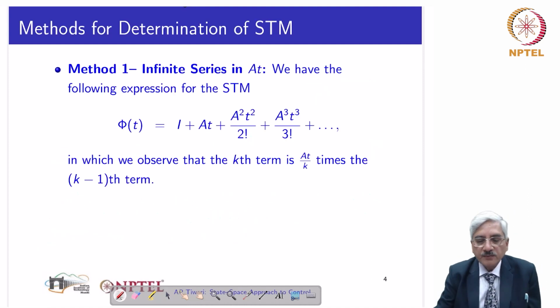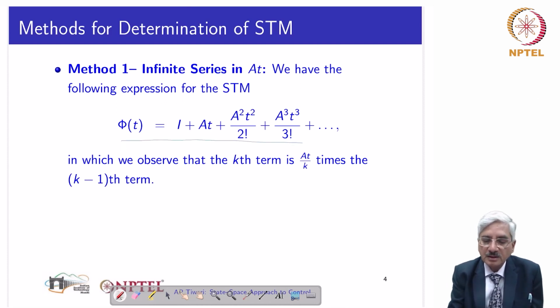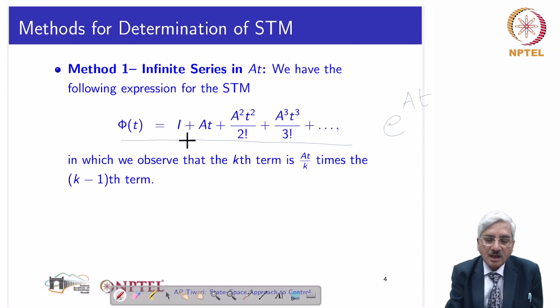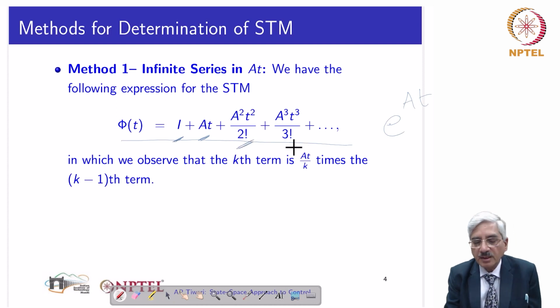So we consider first the method based on infinite series in At. We have seen in the preceding lecture that phi(t), or the matrix exponential e^(At), in case of a linear time invariant system, was expressed as identity matrix plus A times t plus A squared t squared by factorial 2, and so on, by this series.